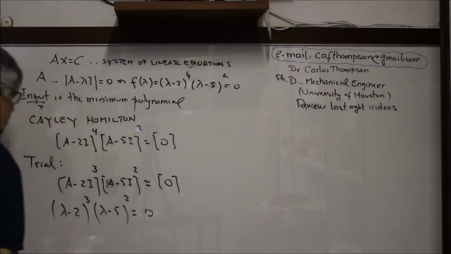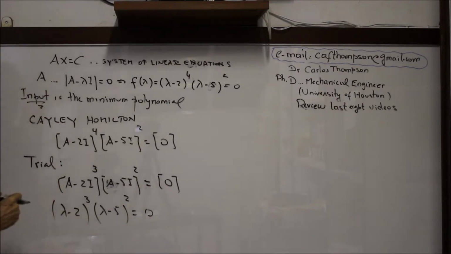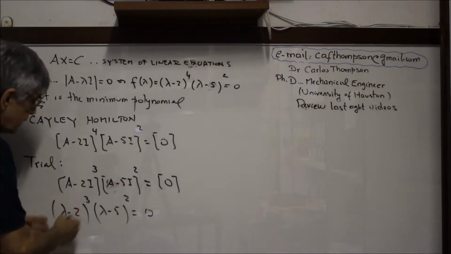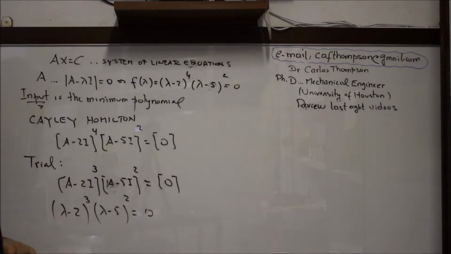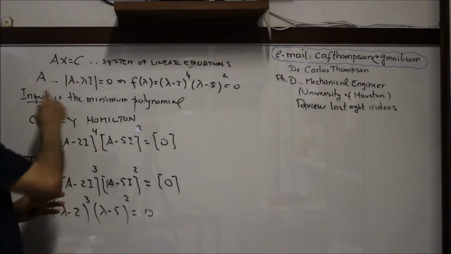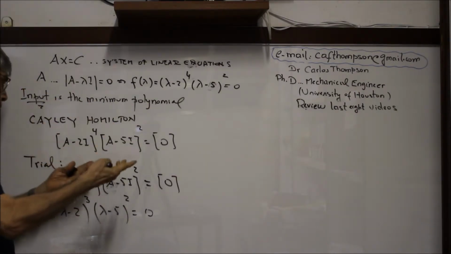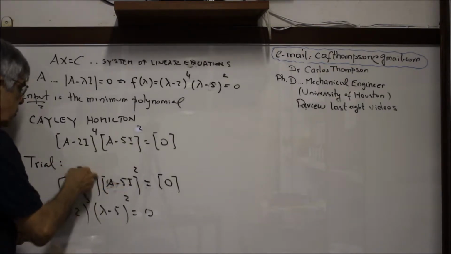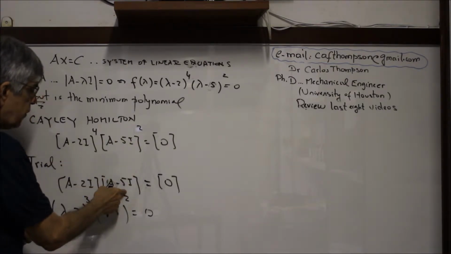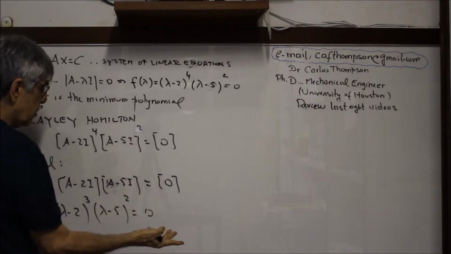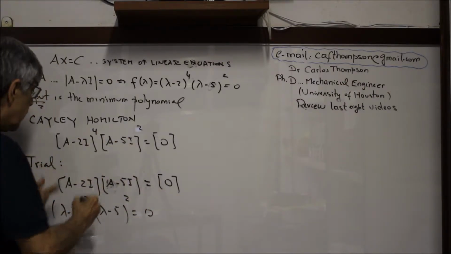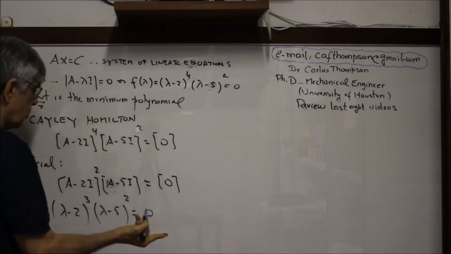So when you work with a known minimum polynomial as input, somebody made a test like this for a specific matrix A. For another A, A minus 2I times A minus 5I could be 0, and for another A, this square could be 0.